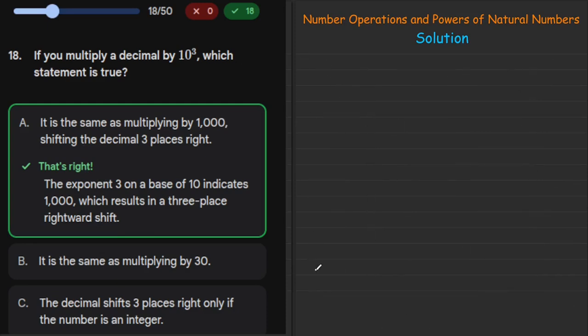You see, so 10 to the power 3 is actually 10 times 10, then times 10, which gives us 1,000. Then C says the decimal shifts 3 places right only if the number is an integer. That is false. Then it is the same as divide. No, it says multiply, so we don't even consider that at all.